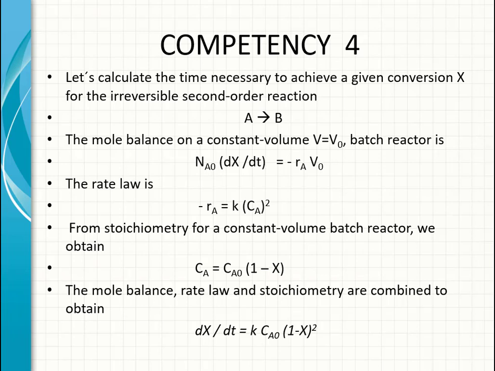And here is where we have been applying the algorithm: first the mole balance, then the rate law, then the stoichiometry, and then combine them all to obtain the equation for the design of the reactor.